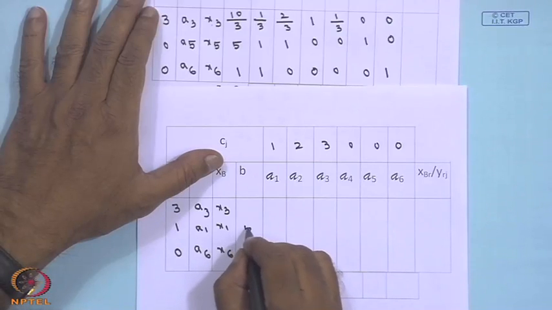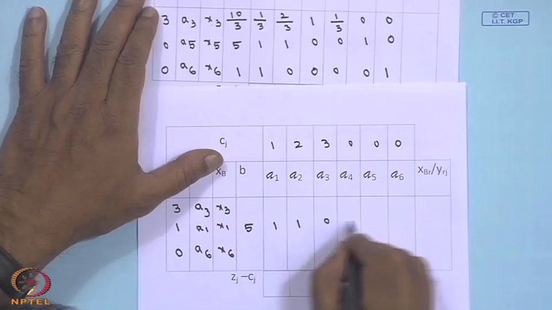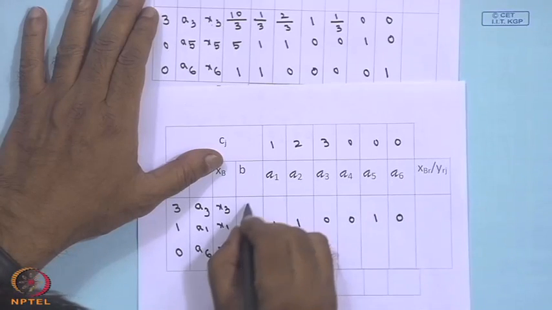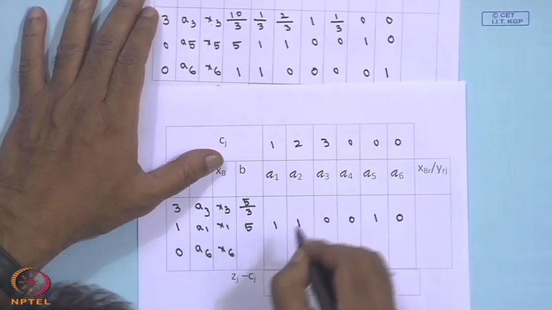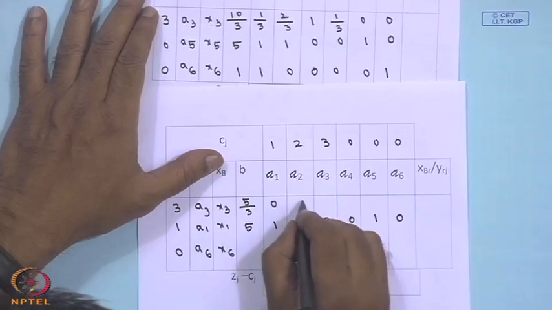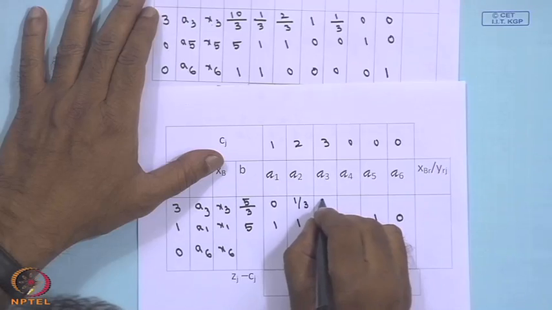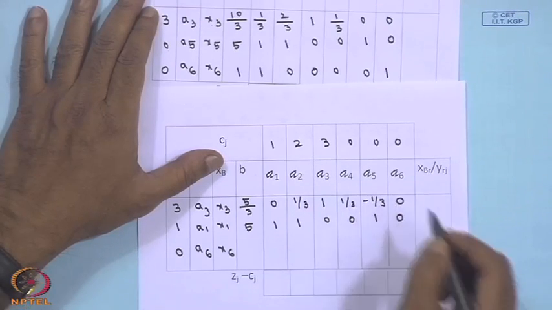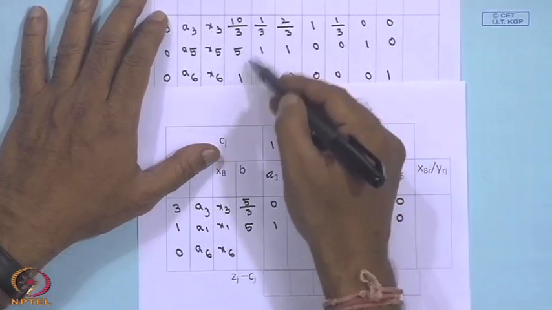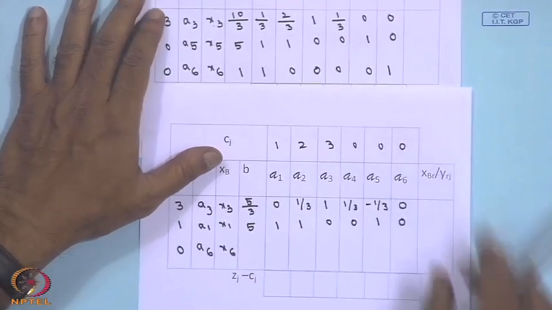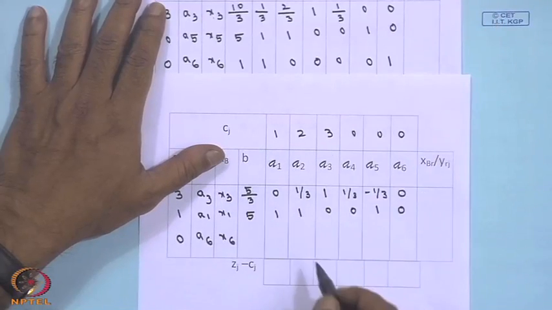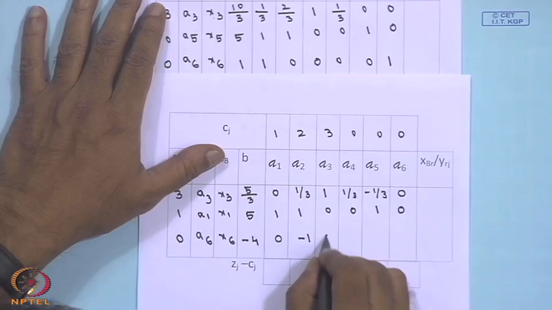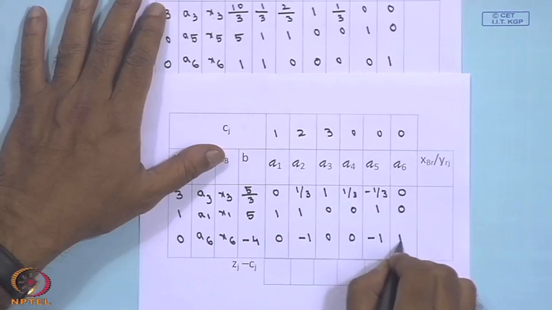I am directly writing down the values for this case, because the calculation is similar. The other rows will become 5 by 3, 0, 1 by 3, 1, 1/3, minus 1/3 and 0. By simple subtraction and multiplication you will obtain it, as we have done earlier. For the case of x6, it will be minus 4, 0, minus 1, 0, 0, minus 1 and 1.